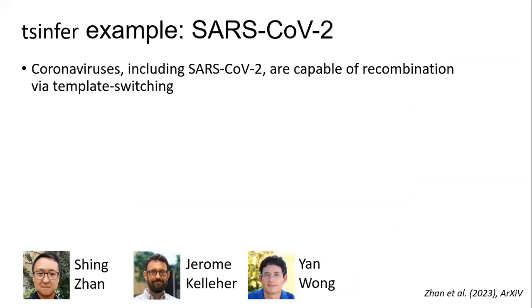And the other example I wanted to show is about SARS-CoV-2. It turns out coronaviruses are actually capable of recombination, but obviously in a very different way to how our cells do it, because they have a single genome and it's RNA, not DNA.